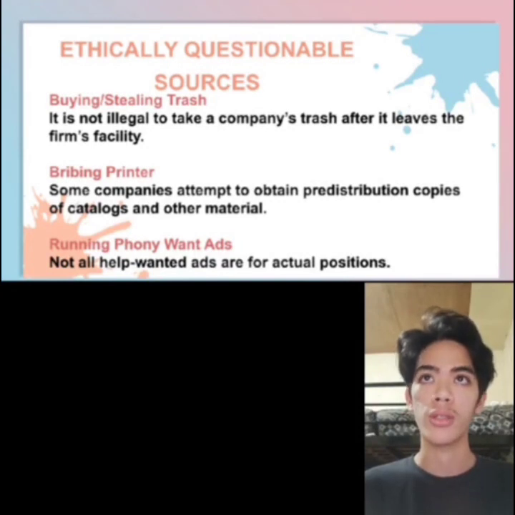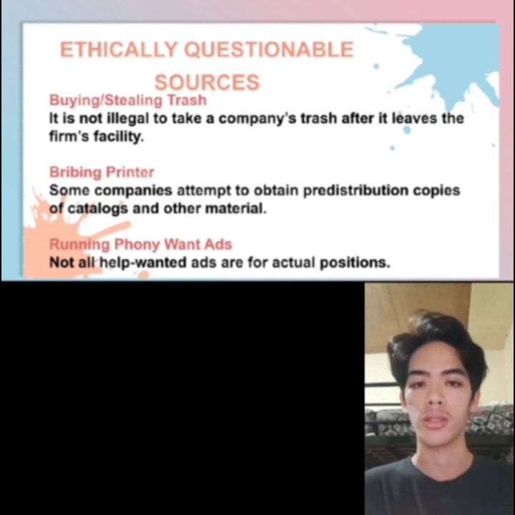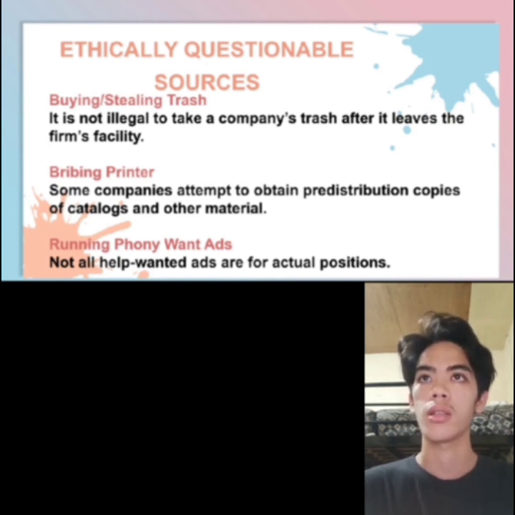So, continuation ng topic na ethically questionable sources. So, sabi nga dito, no, our purpose in describing some of the unethical approaches to collecting competitor information is not to encourage readers to use them but to point out that such activities do occur.